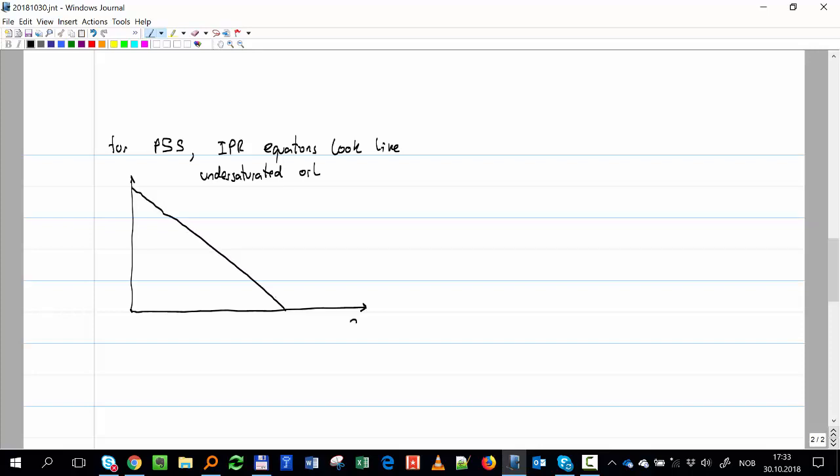You have Q oil and PWF. That's how it looks, and we're going to cover it. But basically, you can say that the rate of oil will be a constant times PR minus PWF.